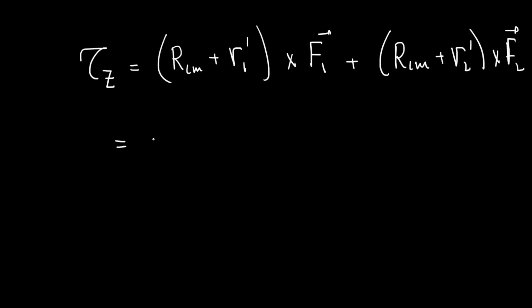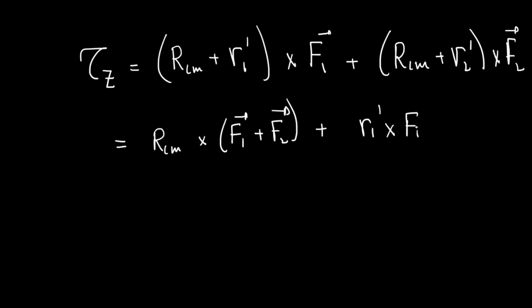Now comes a little bit of algebra, and I'm going to quickly write it like this, and there should not be any problem here for you to accept this. Plus r1 dash cross f1 plus r2 dash cross f2.